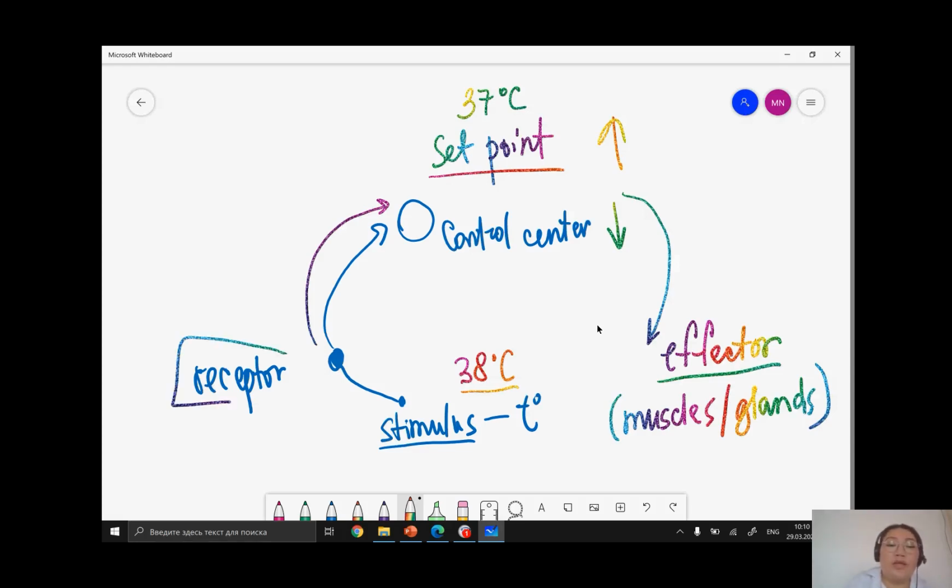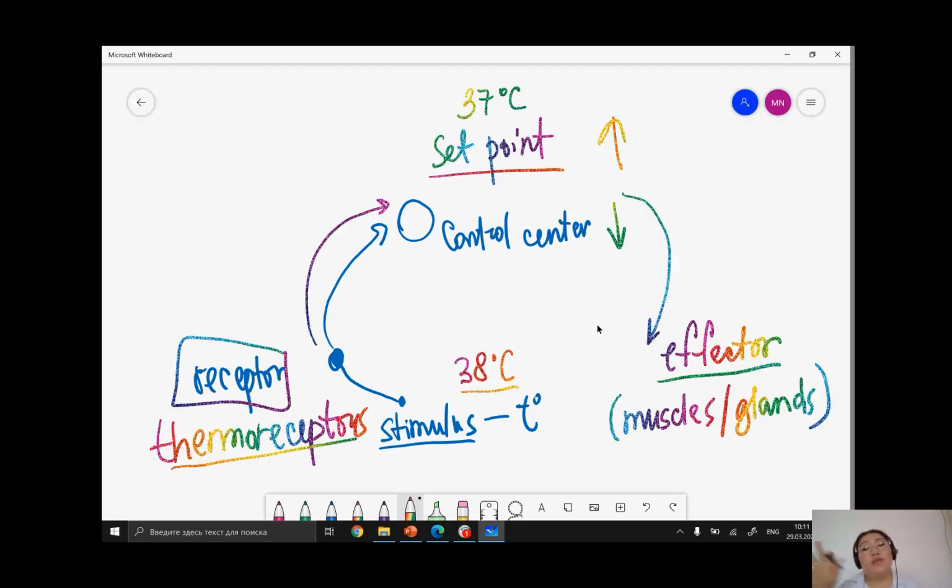The receptor in this particular case is our thermoreceptors. We have thermoreceptors which are peripheral in our skin and central in our internal organs. It will send the signal to the control center, in our particular case the hypothalamus for temperature.